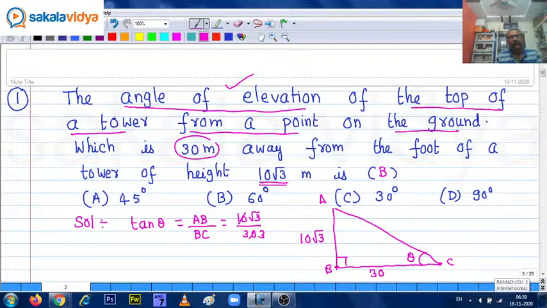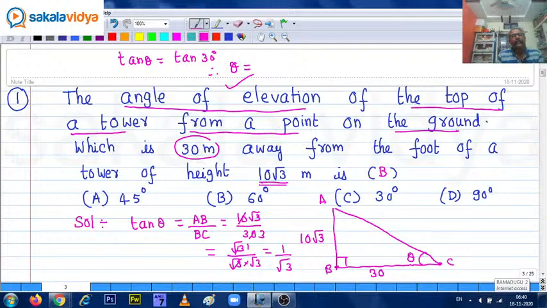The 10 cancels, and root 3 by 3 can be written as root 3 into root 3 upon 3. Root 3 cancels, leaving 1 upon root 3. So tan theta is equal to tan 30 degrees. Therefore, theta is equal to 30 degrees.